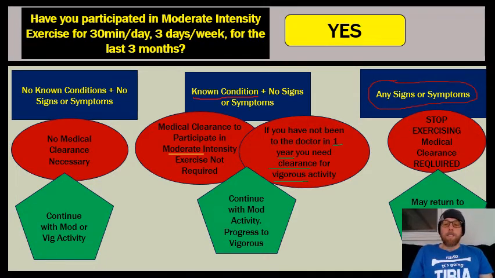It should help our cardiovascular fitness and our cardiovascular health. It's going to lower our blood pressure. It's going to do a lot of things. It's going to help our nervous system. So if someone's been exercising for the last 3 months, 3 days a week, 30 minutes a day at moderate intensity, we should assume that even if they have a known condition, if they're able to do the exercise, they shouldn't have any signs or symptoms. If they do, we're assuming that the exercise is not making things better. It might be making things worse. Bad news, stop right away, go to the doctor, all right?